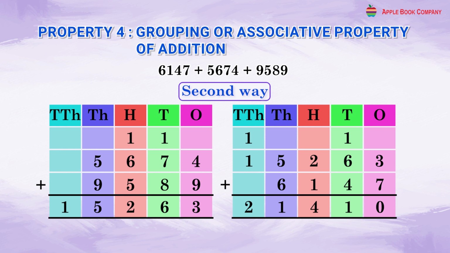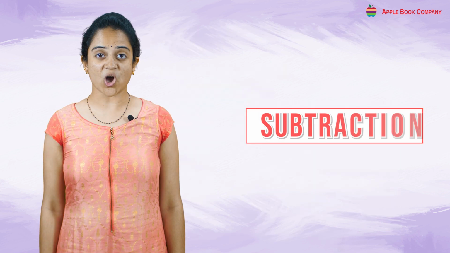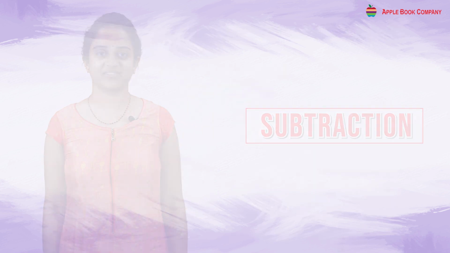Thus, we can represent it as the sum of 6147 plus 5674 added to 9589 is equal to 6147 plus the sum of 5674 plus 9589, which is 21,410. Let's talk about subtraction.